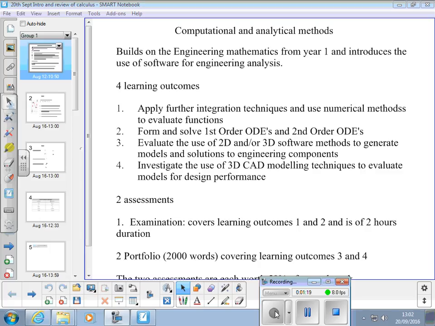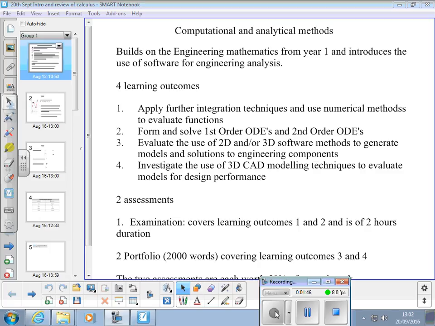Form and solve first order ODEs, that's ordinary differential equations, and second order ODEs as well. Evaluate the use of 2D and/or 3D software methods to generate models and solutions for engineering components, and investigate the use of 3D CAD modeling techniques to evaluate models for design performance.